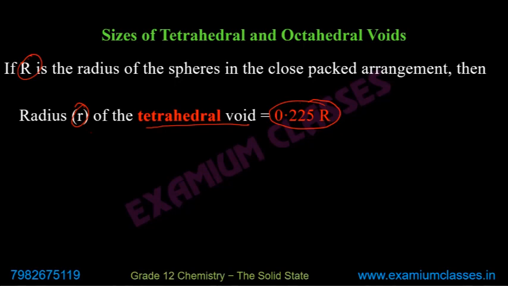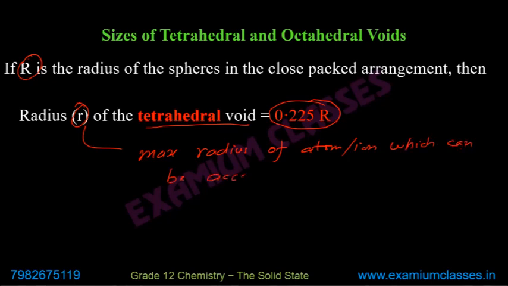Now, when we say radius of tetrahedral void, it does not mean that the tetrahedral void is spherical. It is the maximum radius of the atom or ion which can be accommodated in the tetrahedral void.